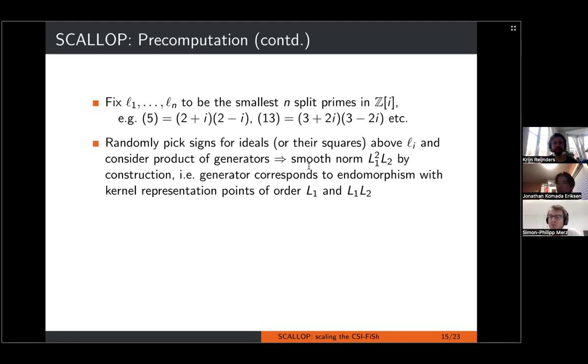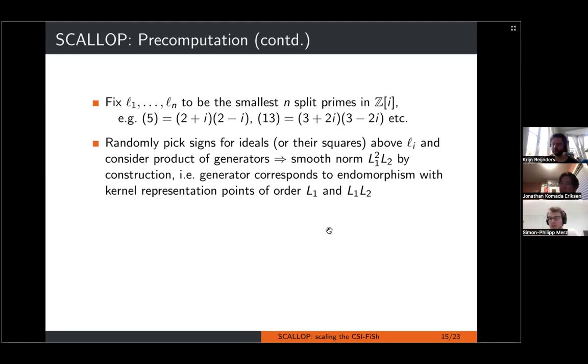Namely, it will be of smooth norm L1 squared times L2, where L1 is the set of primes for which we took the squares, and L2 is the primes where we just took our 1 or minus 1, and for squares minus 2.